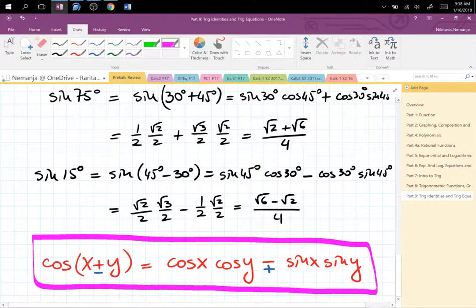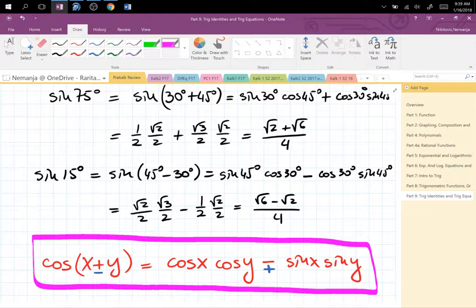Again, also extremely important formula.